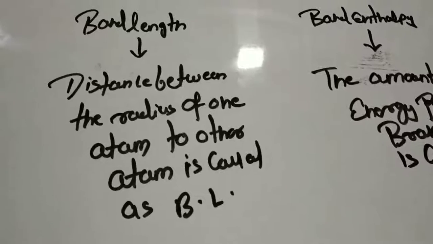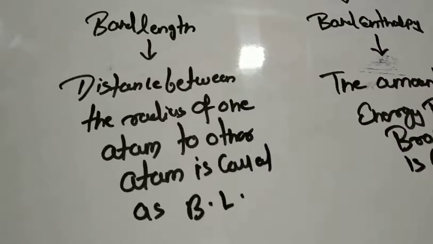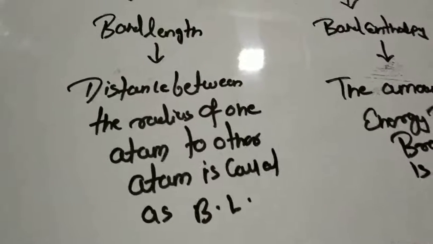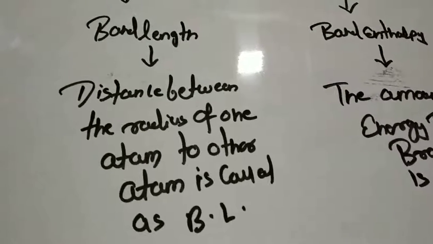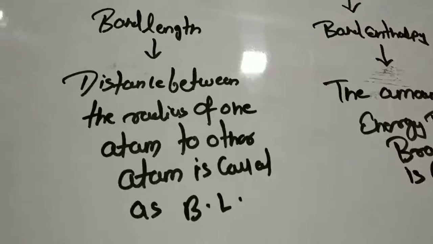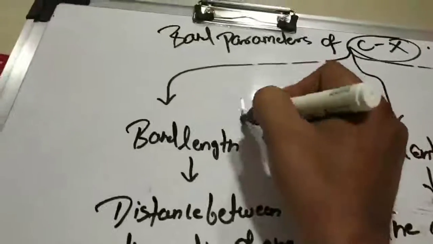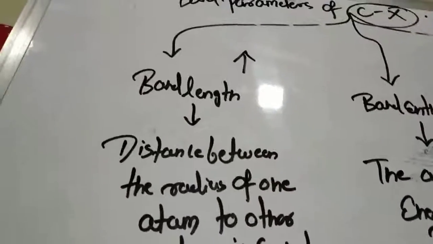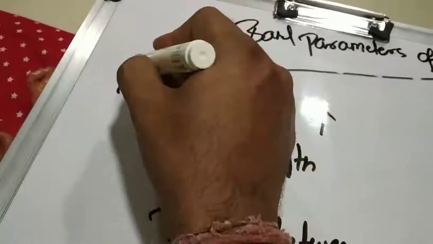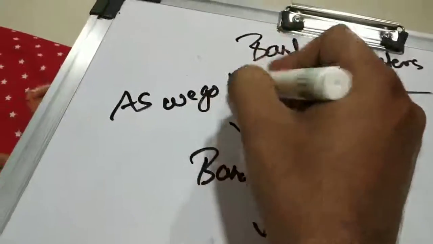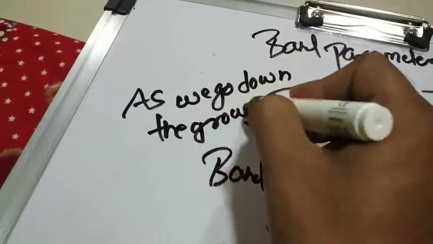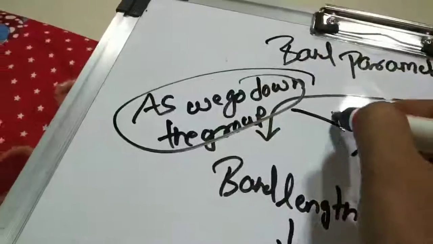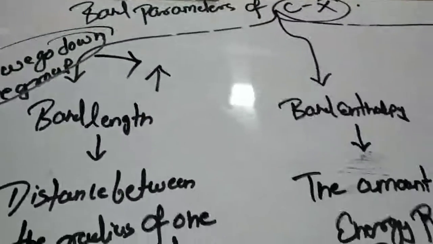The bond length increases. Why does the bond length increase? Because the size goes on increasing. So as the size goes on increasing, the bond length will also go on increasing. So you have to note that the bond length goes on increasing as we go down the group.